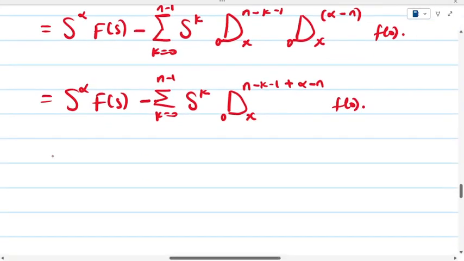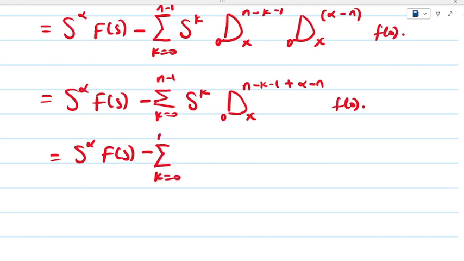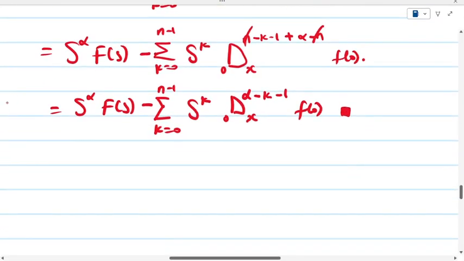So we have s^alpha times the Laplace transform of f of x minus the summation k equals 0 to n minus 1 of s^k, derivative from 0 to x, where n minus n cancels, and we have order alpha minus k minus 1 of f at 0. This gives us our final Laplace transformation of the Riemann-Liouville derivative.